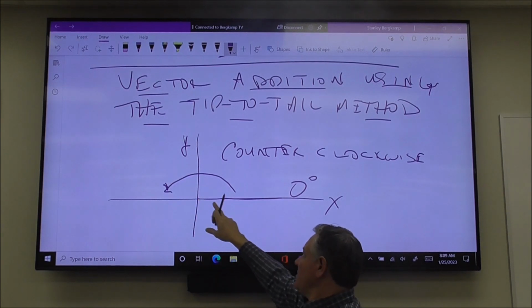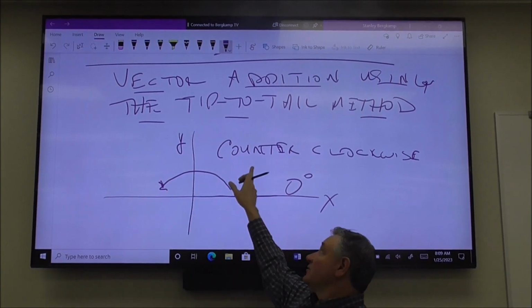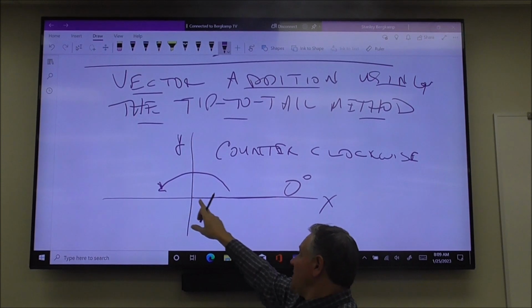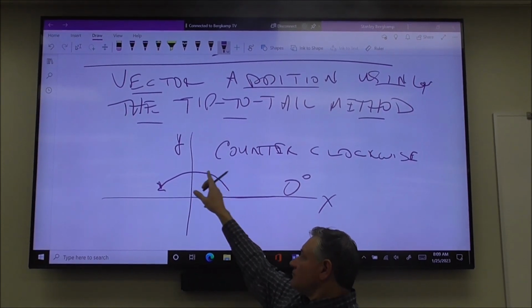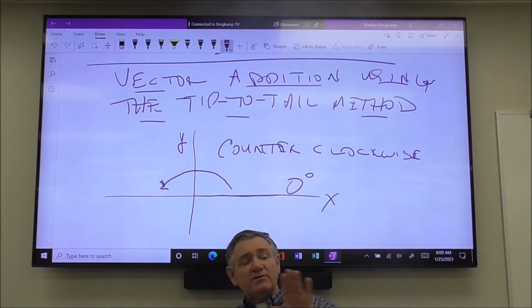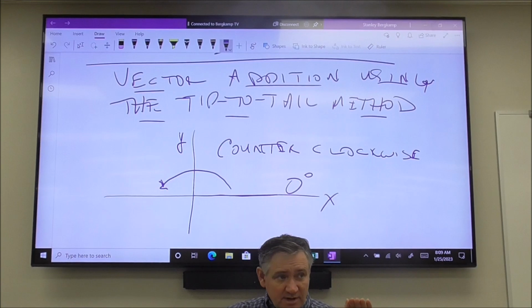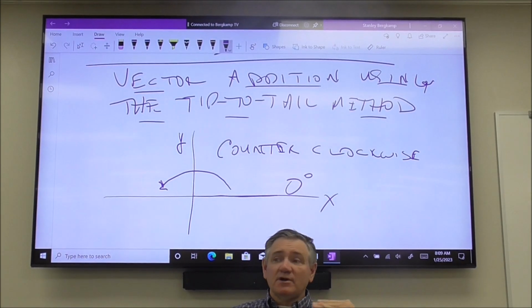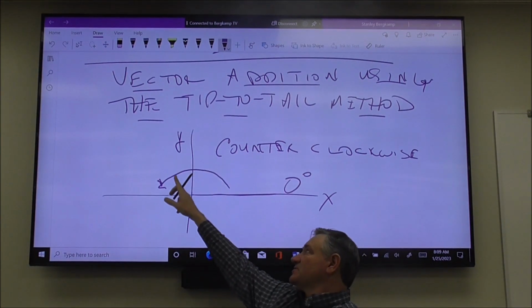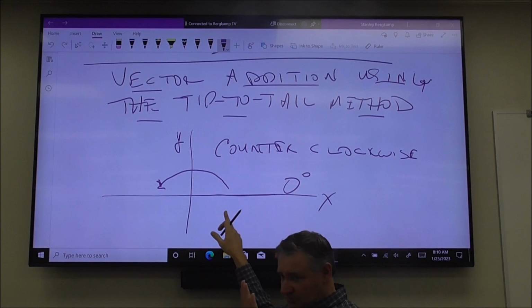If I'm down here in this fourth quadrant, if you remember your quadrants from math class, first quadrant, second quadrant, third quadrant, fourth quadrant, that might be like 350 degrees. So angles are never negative. You are never going to have negative angles. Never, ever, ever. All the angles are going to be measured around like this from this positive x-axis. Rule number 1.